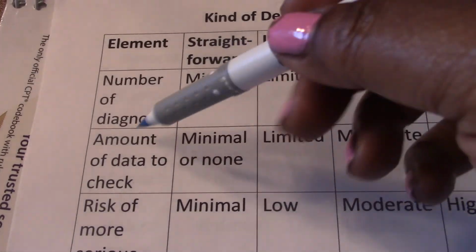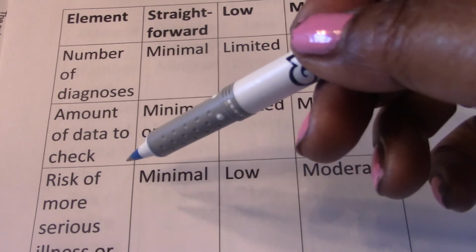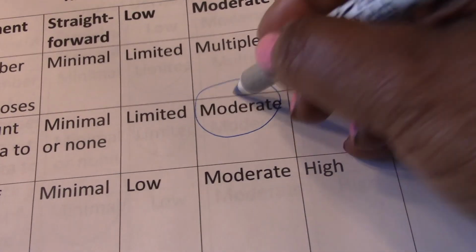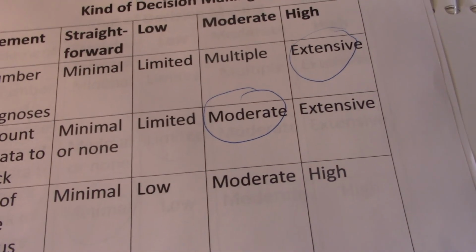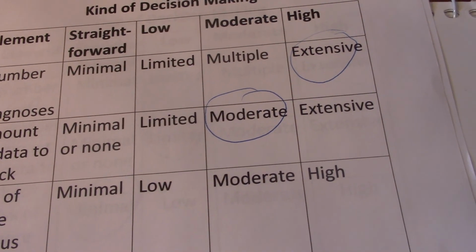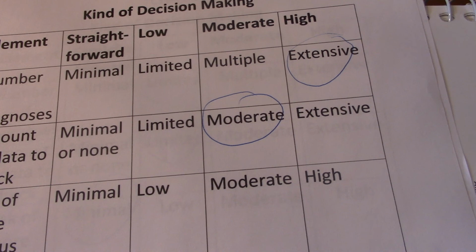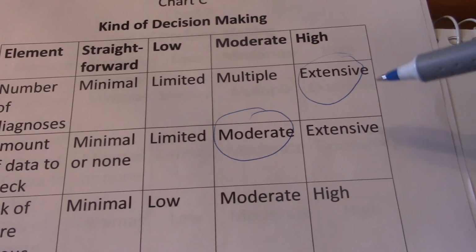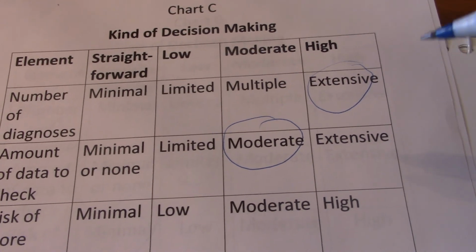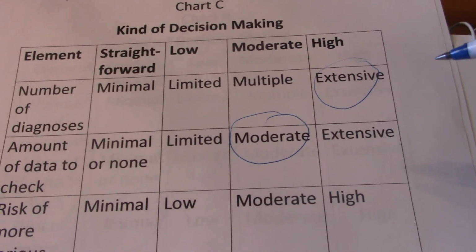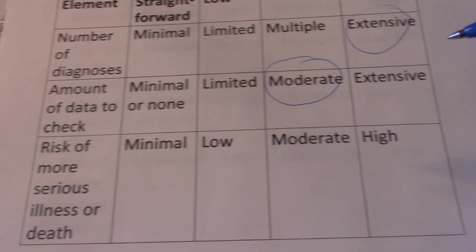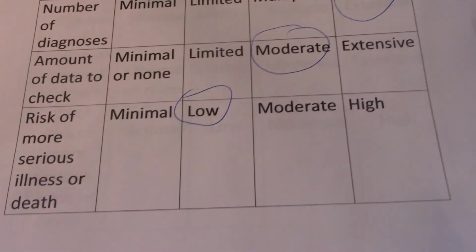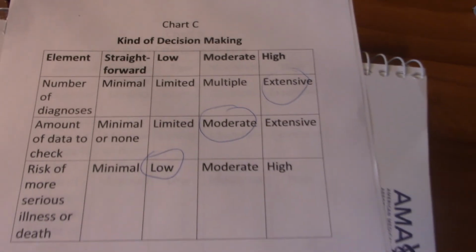Okay, now remember it says over here, amount of data to be checked. Let's go with moderate, because he had lab work, multiple lab results, blood work, EKG, x-rays, etc. So we circled moderate. And a low risk of dying due to any treatment that was prescribed. So let's go under risk, low. Now look at your chart.